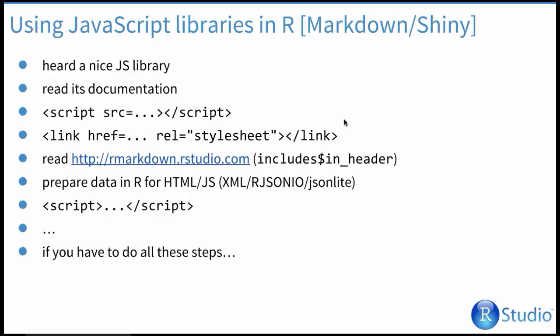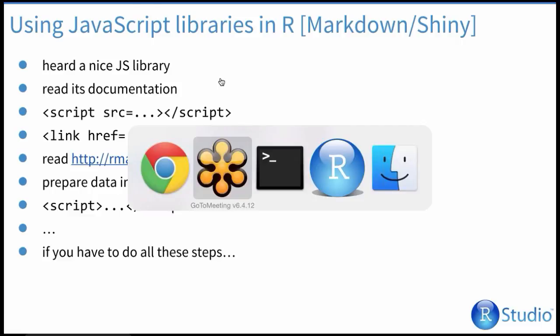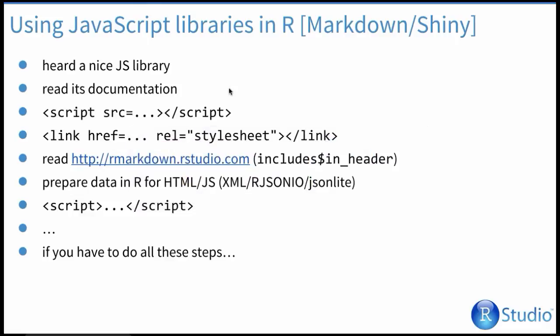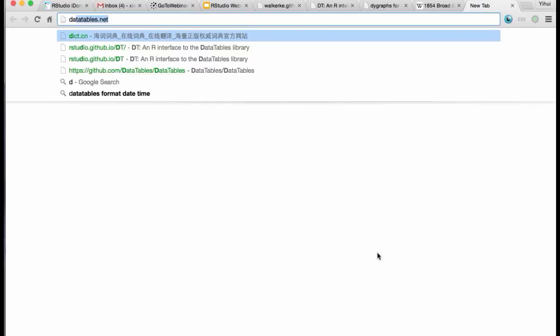I want to talk a little bit about the motivation behind the htmlwidgets package, which is when you want to use a JavaScript library in your HTML document. The HTML document can be generated from either R Markdown or Shiny. If you want to use a JavaScript library, you can probably go to the documentation of that library and see the usage. For example, let me use DataTables as the example.